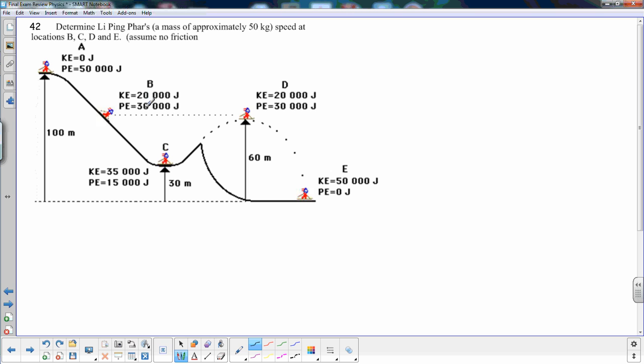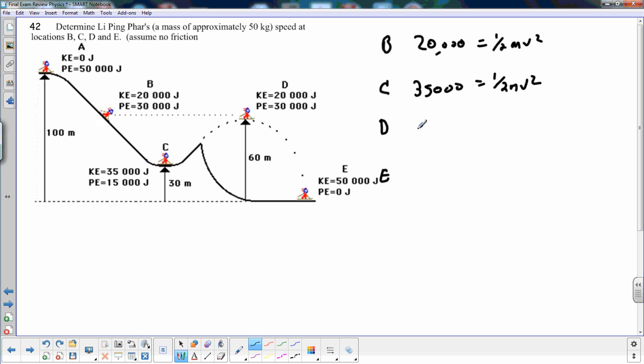And E, 50,000 joules equals 1/2 mv squared. We know the mass is 50, so 50, 50, 50, 50.